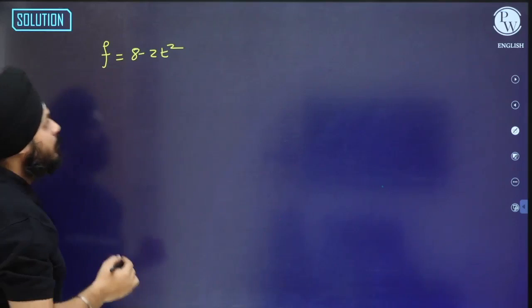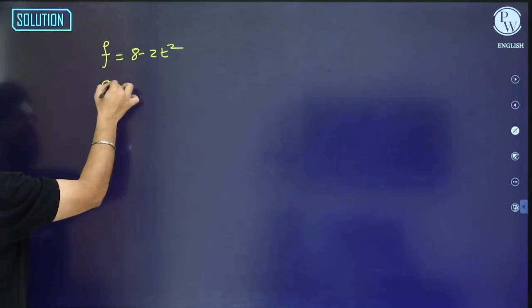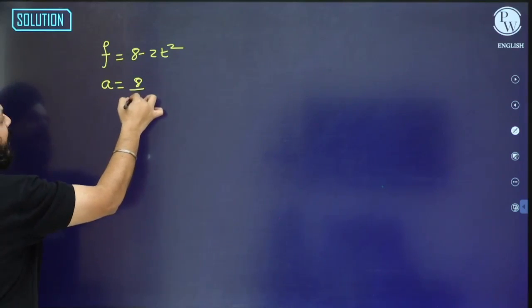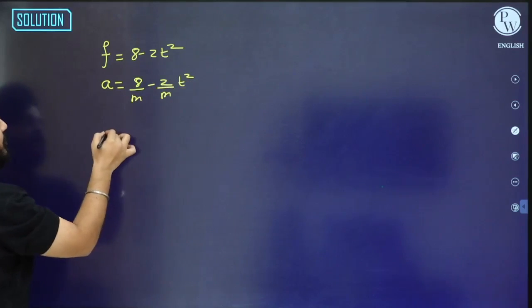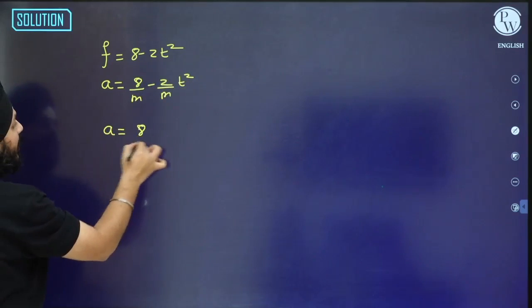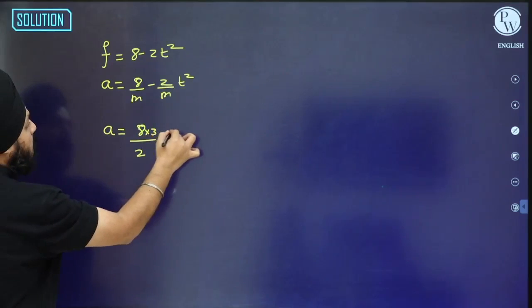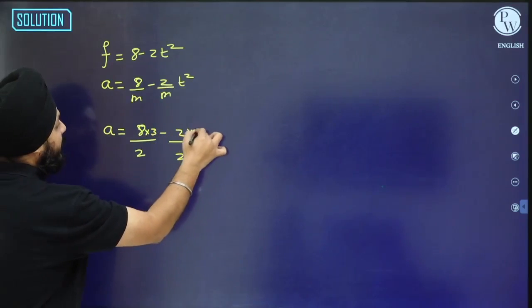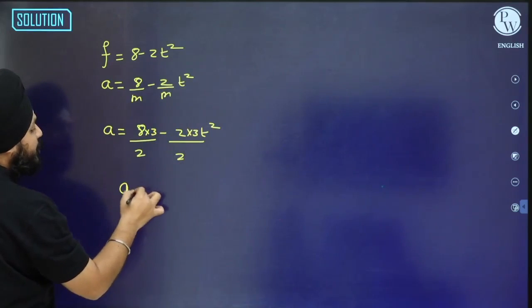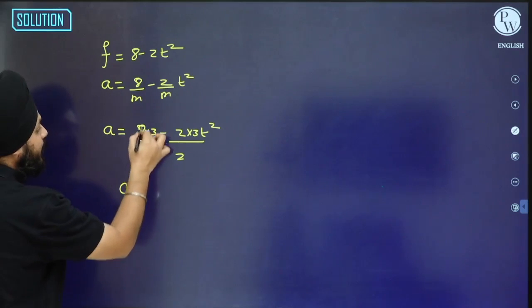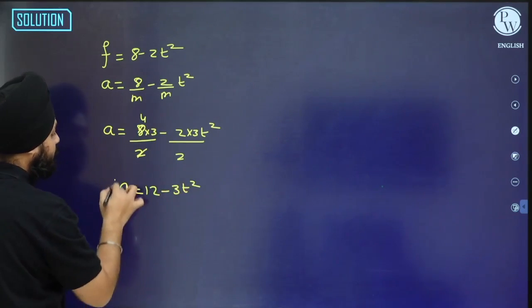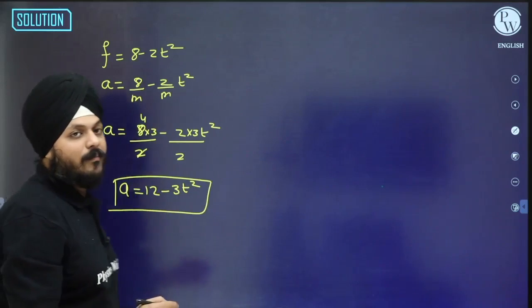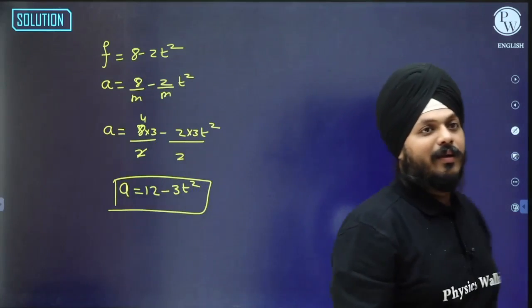Right now, can I replace this as acceleration is equal to 8 by mass minus 2 by mass into t square? Mass is 2 by 3, so 2 by 3 t square. So here the equation of the acceleration appears as 12 minus 3t square. Right?